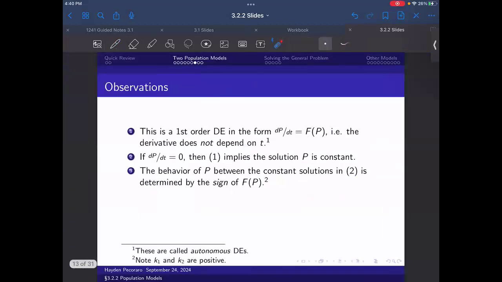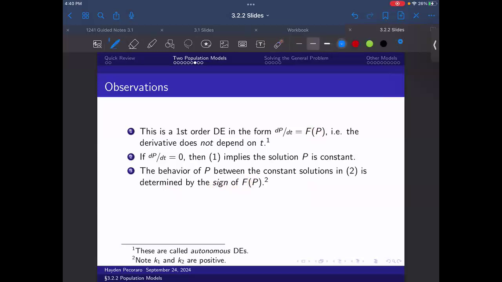Okay, so we said the behavior of the solution p between those values, if we start with an initial condition of 80, is determined by the sign of this function in between there. So you remember when you were solving inequalities or optimizing functions, finding intervals of increasing and decreasing in calculus 1.